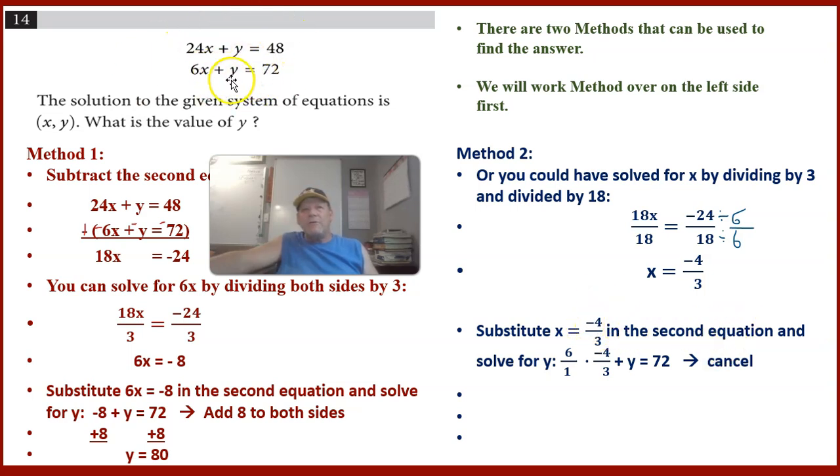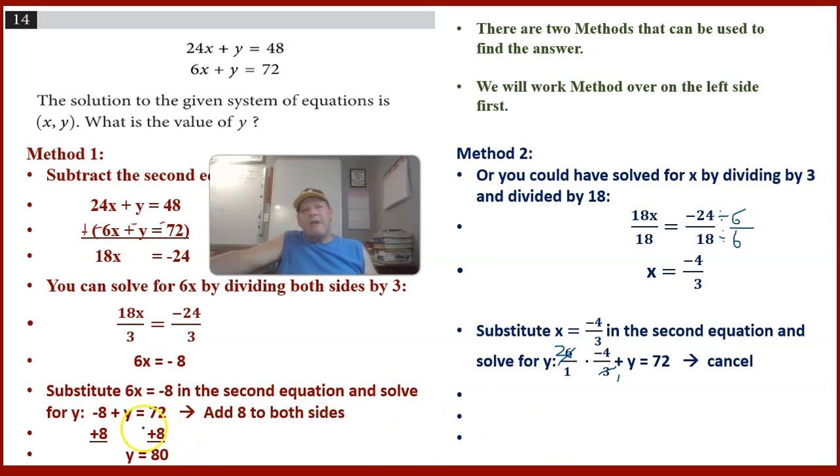So in this equation, I'm going to substitute x equals negative 4/3. And some students don't like dealing with a fraction. That's why maybe this method 1 would be easier for some people. Well, if you look here, we have a common factor. 3 goes into 3 once, goes into 6 twice. And look what you're going to get.